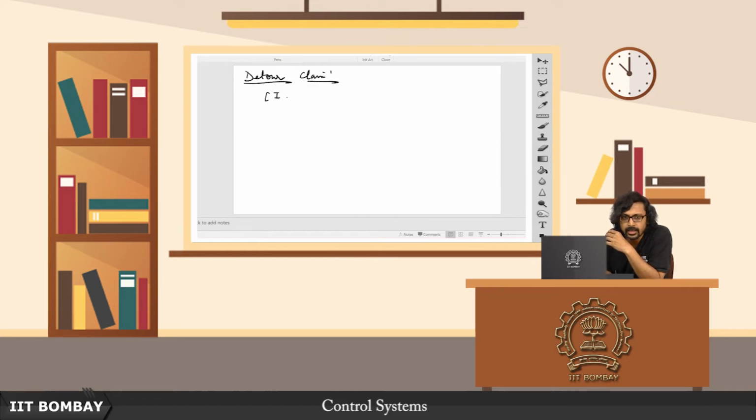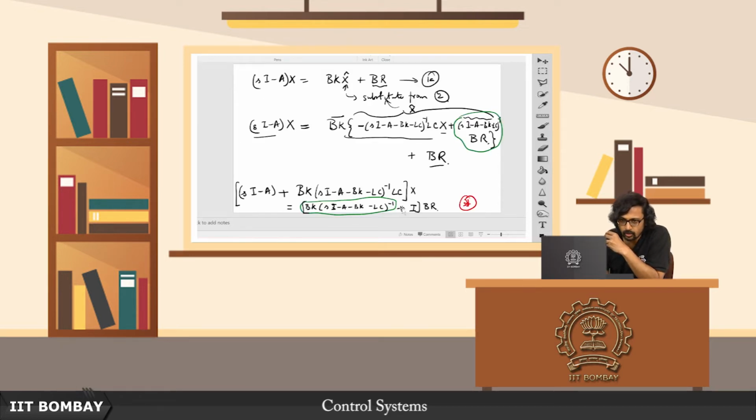this I plus BK times sI minus A minus LC minus BK whole inverse. Now, what do I want to do? If I want to write r in terms of x, I had better hit both sides with the inverse of this fellow.